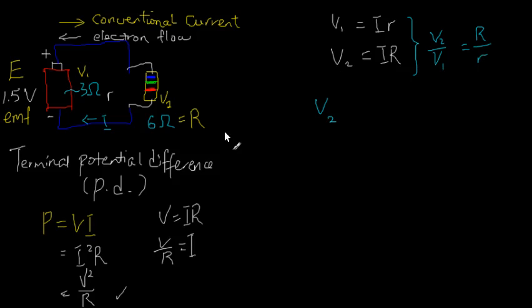I also know that the EMF is equal to the sum of the separate voltages V1 and V2, for the simple reason that EMF is the work done to bring a unit charge around the circuit, and V1 and V2 are the separate works done in the separate resistances, as I explained in the last video. So this just means that the total work done is equal to the separate work added together. Okay, so that's all there is to it.